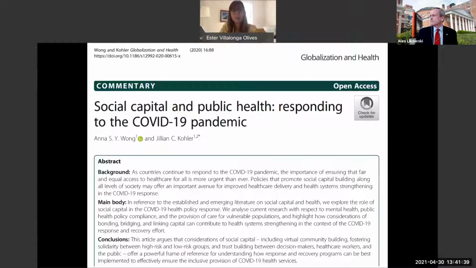They put together very nice information about when social capital is playing a role and how to use this when we are planning interventions, like all these measures we have had to implement during the pandemic, like social distancing or vaccination plans.